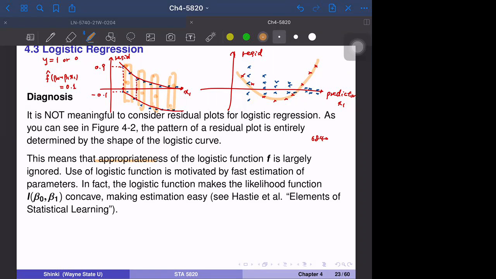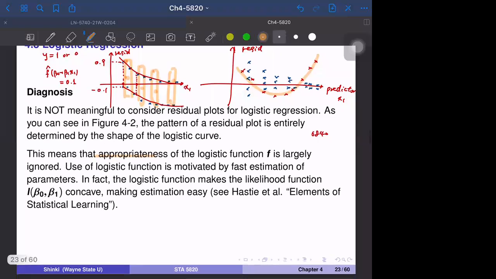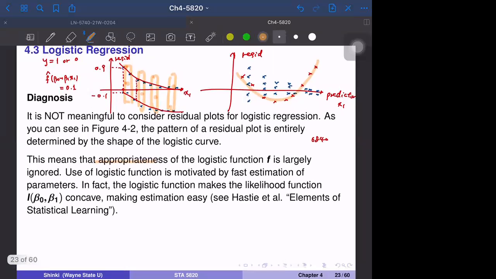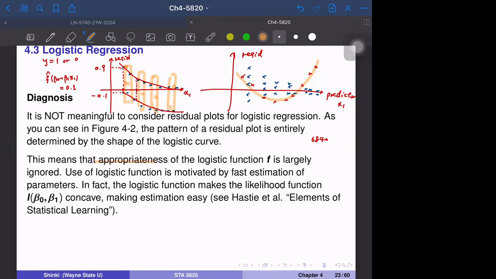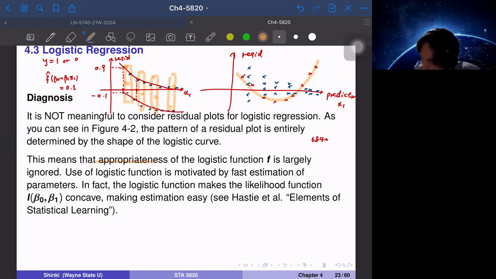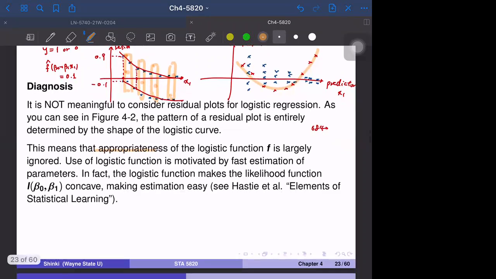No, I'm talking about rho square, an index for goodness of fit, something like multiple R square for linear regression. Yes, for logistic regression.